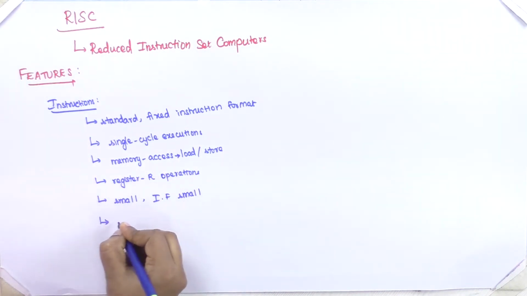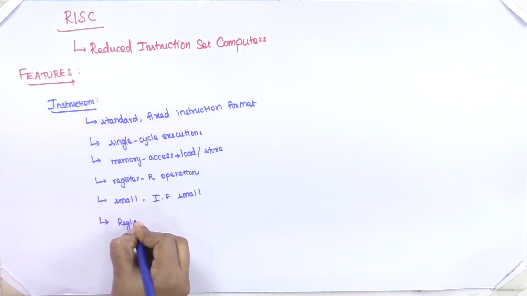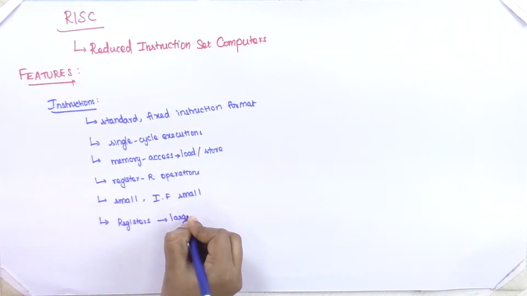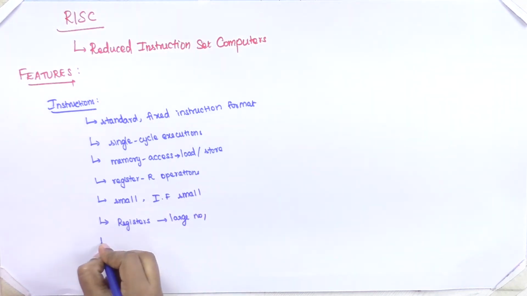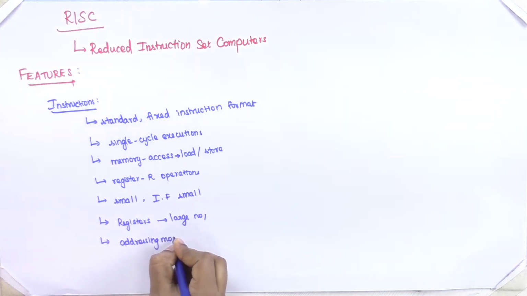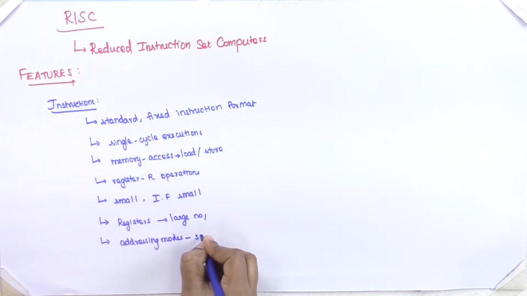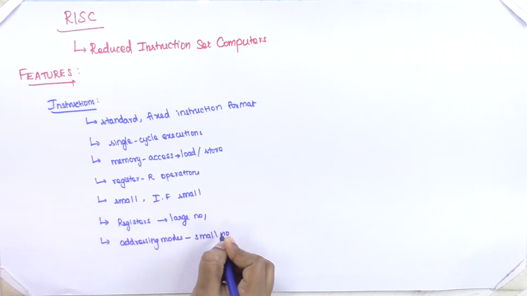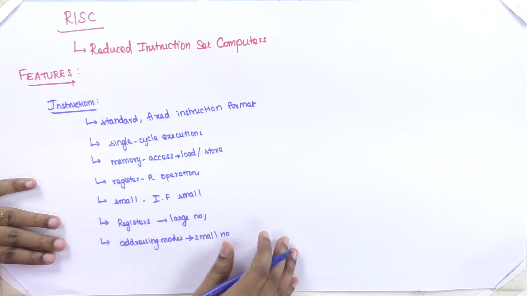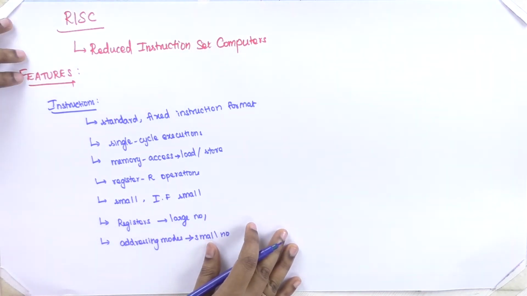Whereas for registers, there are a large number of general purpose registers. For addressing modes, there is a very small number of addressing modes. So these are the general features of our RISC architecture.